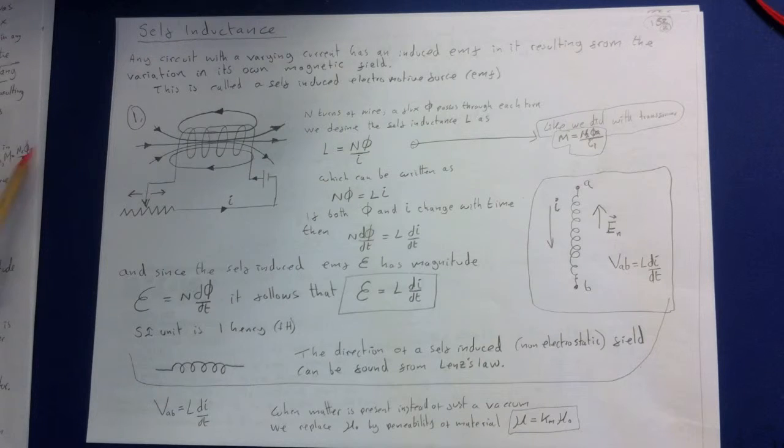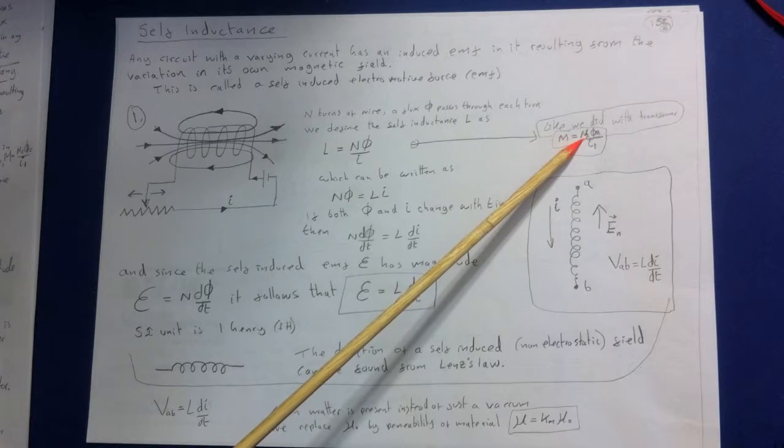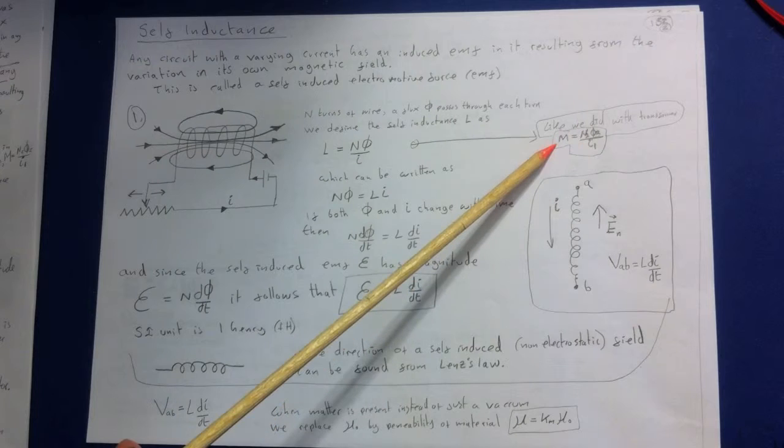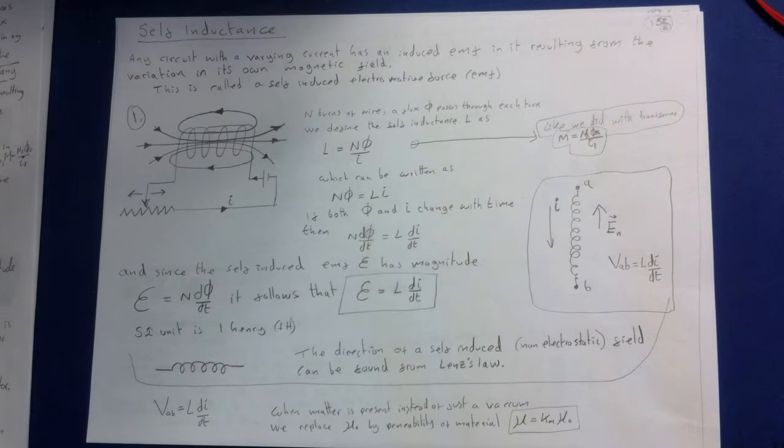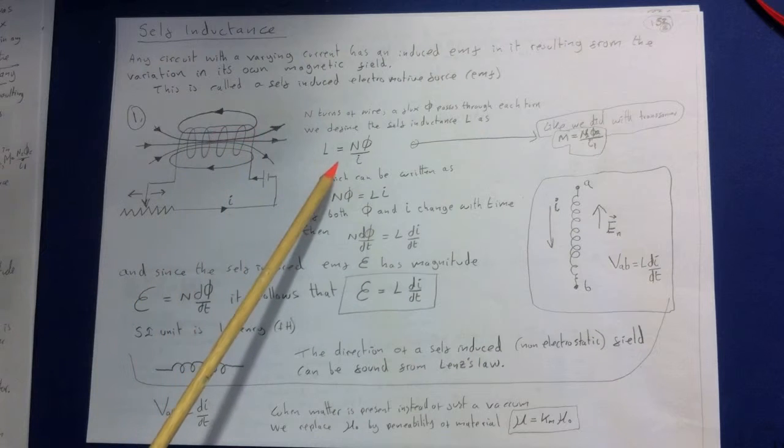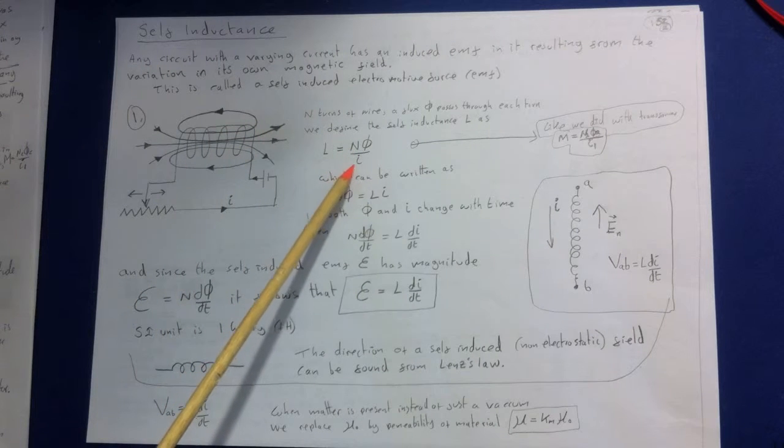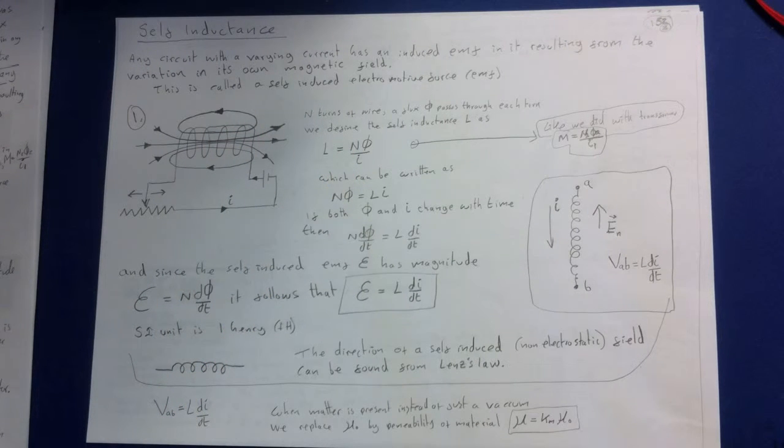In analogy to this equation here, M equals N2 flux 2 over I1, this mutual inductance term, we define the self-inductance L, now equivalent to this M, of the circuit, or simply its inductance: L equals N flux over I. This relation can be written as N phi equals Li.